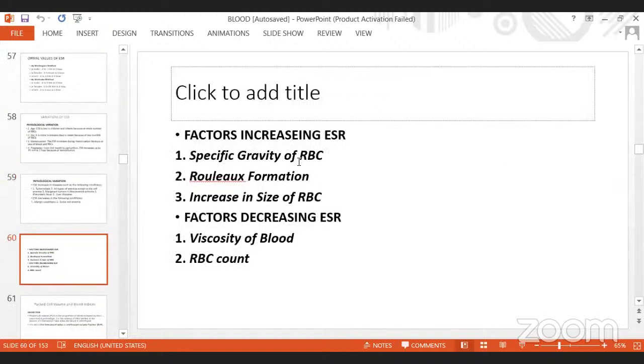The factors affecting ESR are the specific gravity of RBC, rouleaux formation, and increase in size of the RBC. The factors which decrease ESR are viscosity of blood and RBC count.